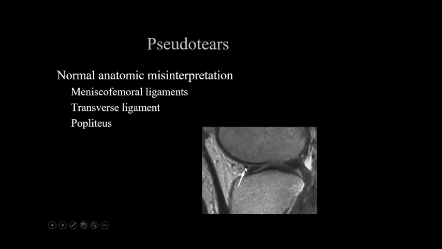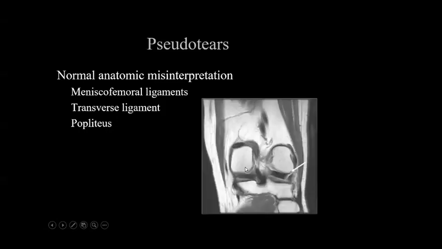The other pitfall is the interface between the popliteus tendon here and the posterior horn of the lateral meniscus, which I mentioned earlier. So you get fluid here, but this fluid is actually in the tenosynovium of the popliteus tendon, and this interfacing may be misinterpreted as meniscal tear.